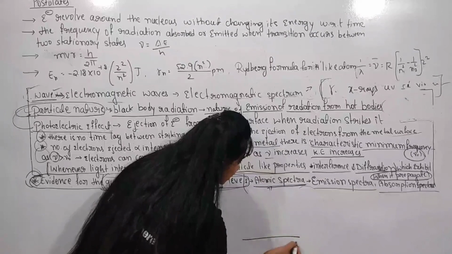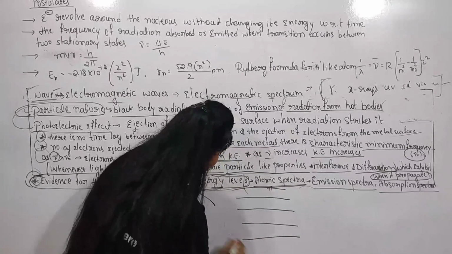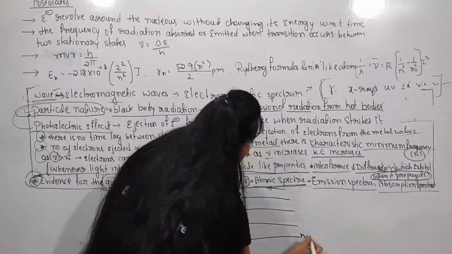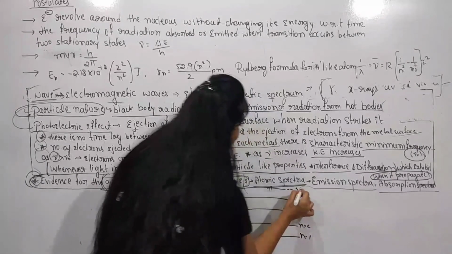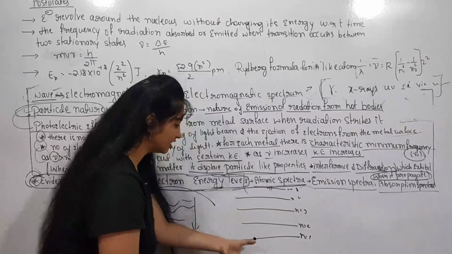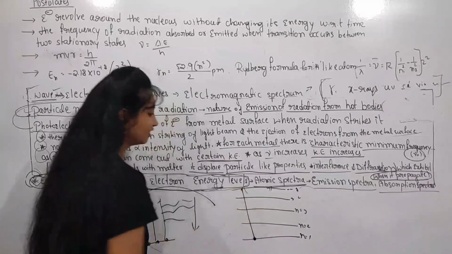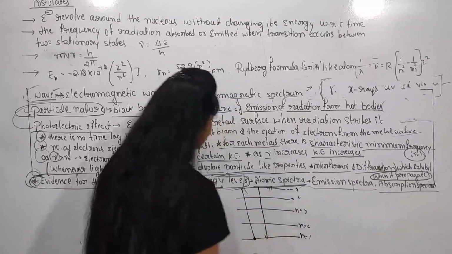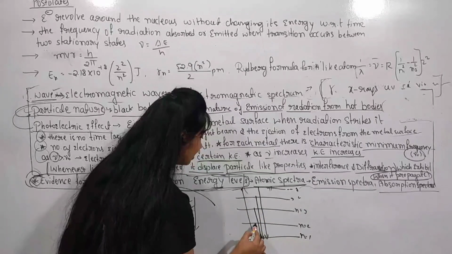These are our energy levels, denoted as n equals 1, 2, 3, 4 and 5. This is the ground state of the electron. When we apply energy, it goes to a higher energy level, and again comes back to the lower level from different energy levels.